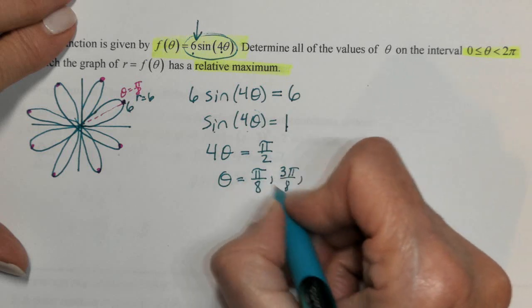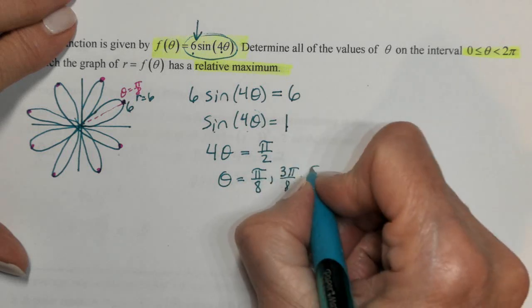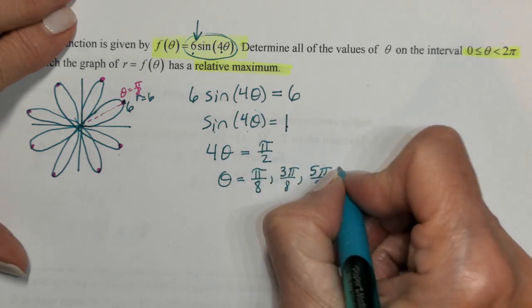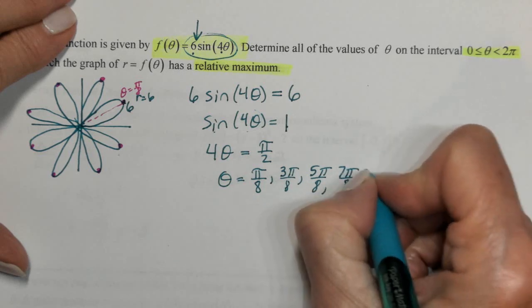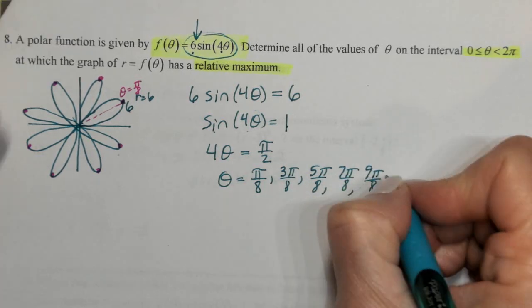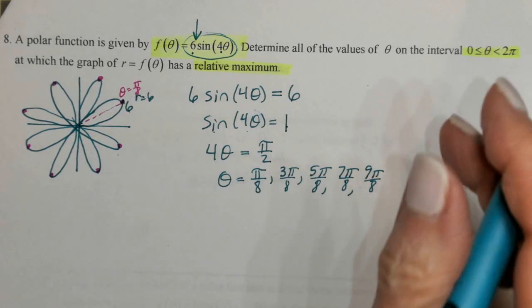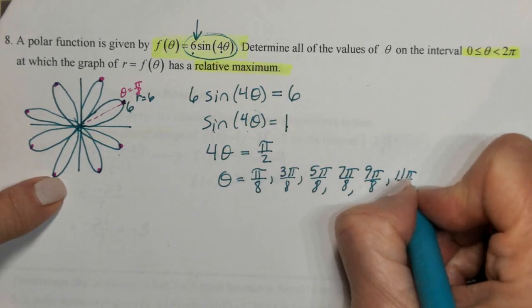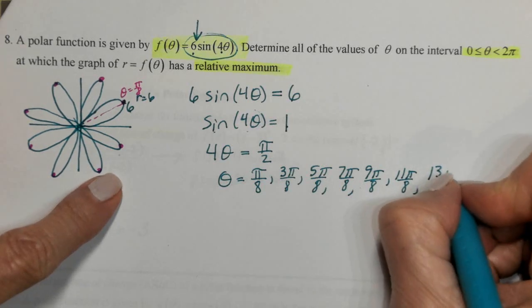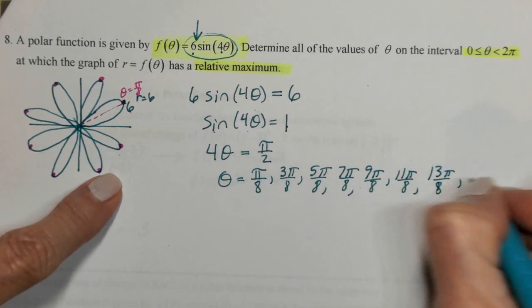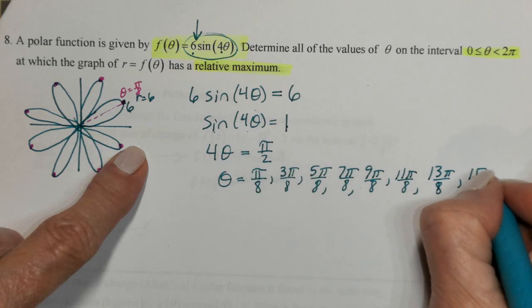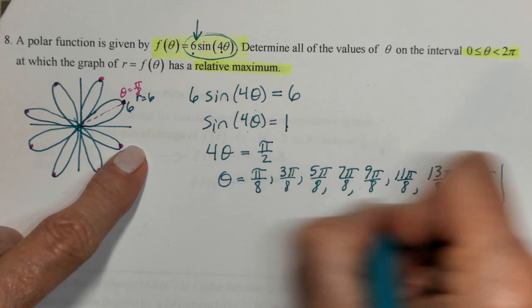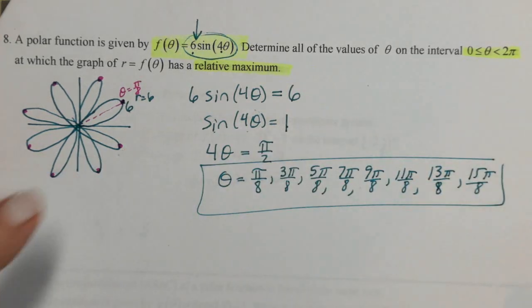If I add another pi over 4, 5 pi over 8, 7 pi over 8, 9 pi over 8 will be this one right here, 11 pi over 8, 13 pi over 8, and this last one is 15 pi over 8. Those are the theta values at which we have a relative max.